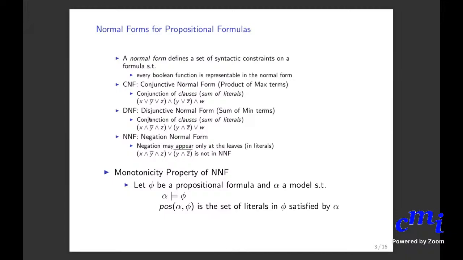Now, negation normal form is a nice normal form because it satisfies a monotonicity property. If a formula phi is in negation normal form, and alpha is some satisfying assignment for phi, let's suppose that pos alpha of phi is the set of literals in phi satisfied by alpha, those literals that become true under the assignment alpha.